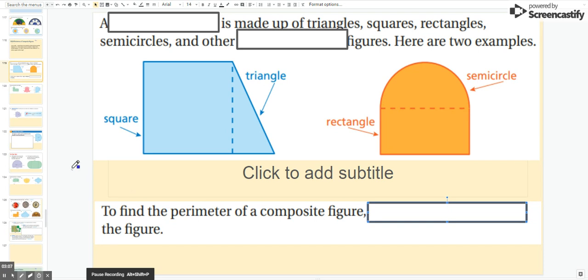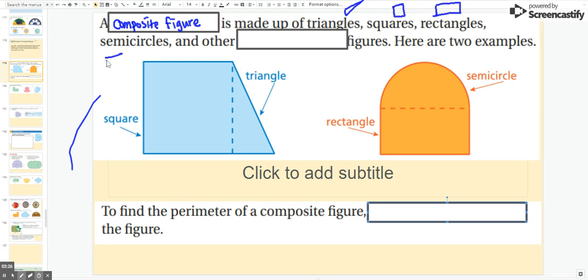All right, we're going to talk about a composite figure. A composite figure is made up of triangles, squares, rectangles, semicircles, and other two-dimensional figures.